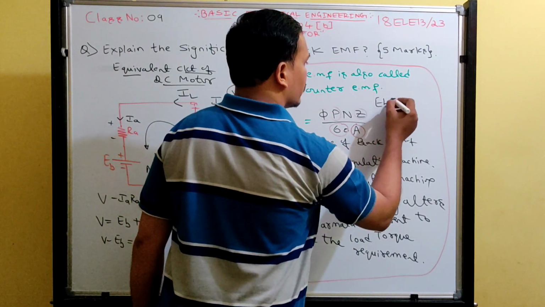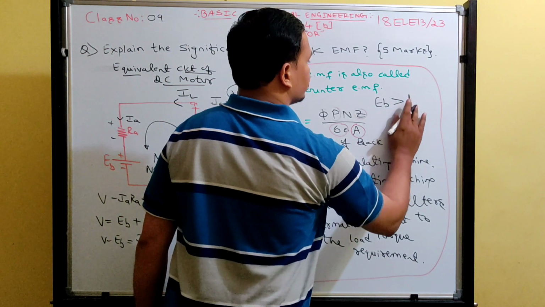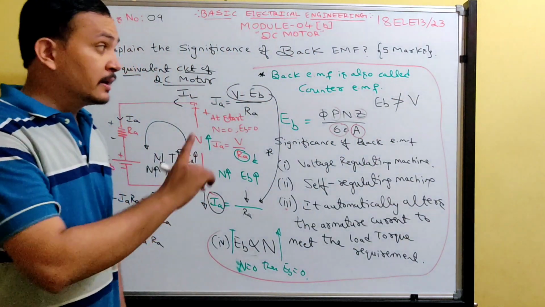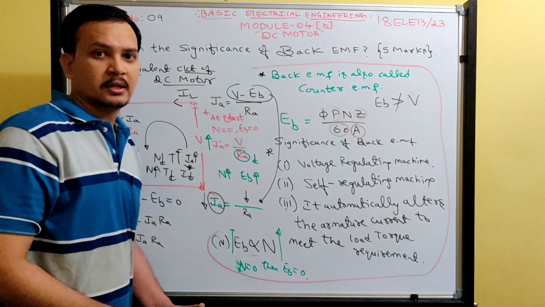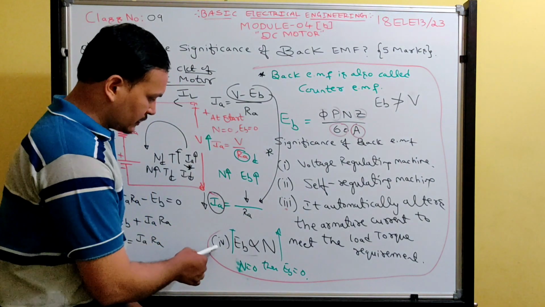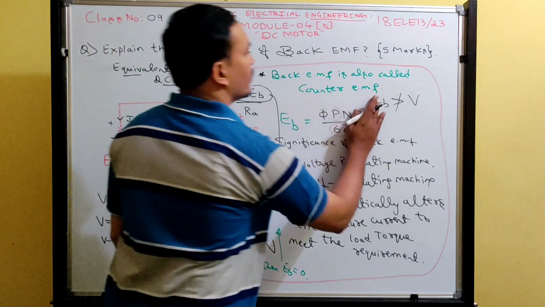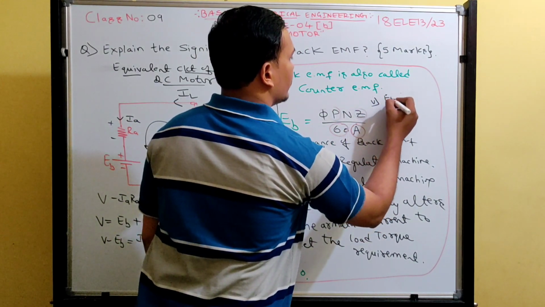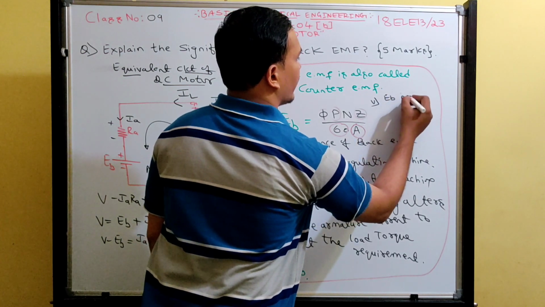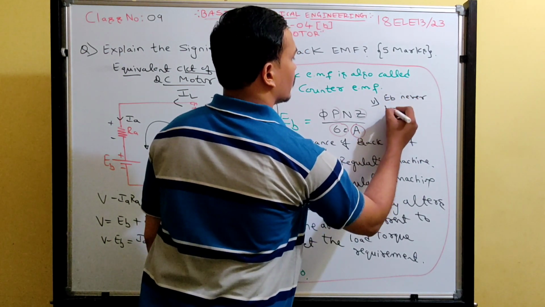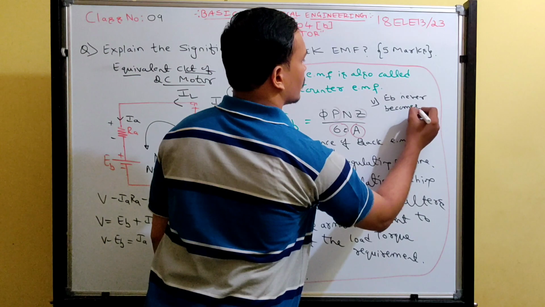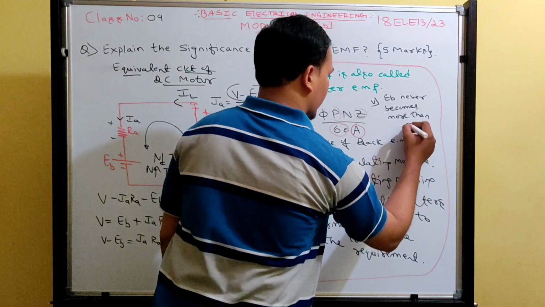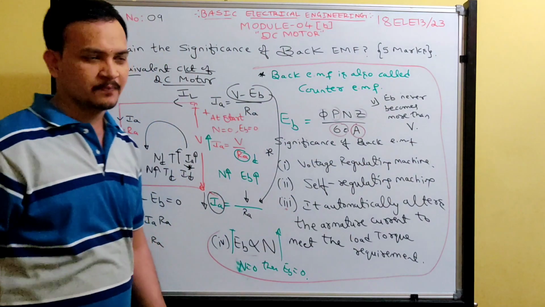And the final significance is that back EMF will never become greater than supply voltage. Keep that in mind. So this is point number 4. Point number 5, you write like this: EB never becomes more than supply voltage.